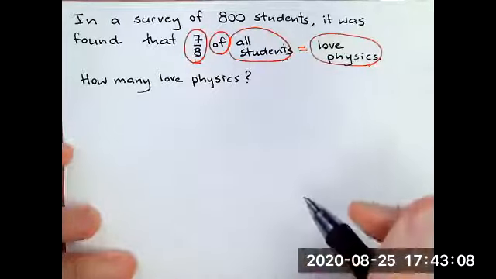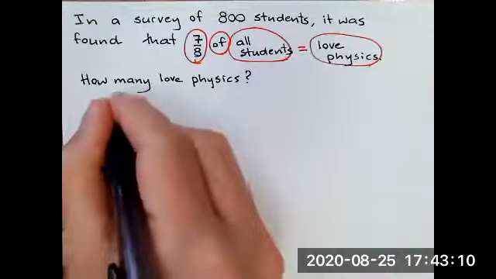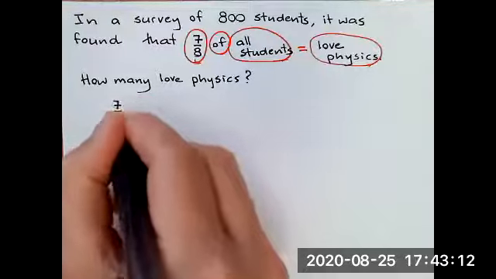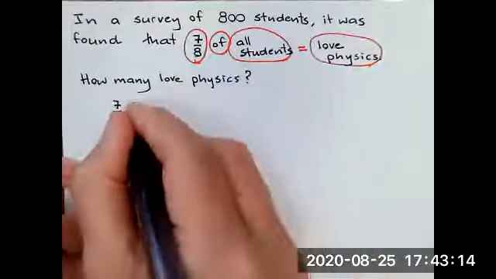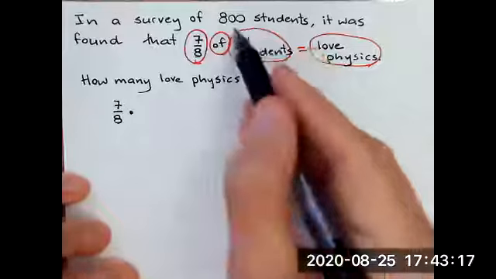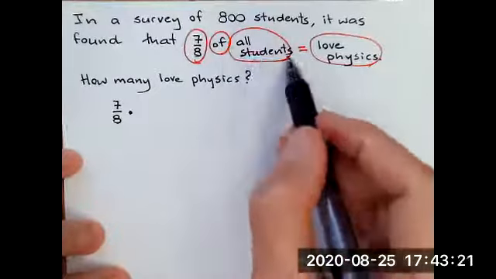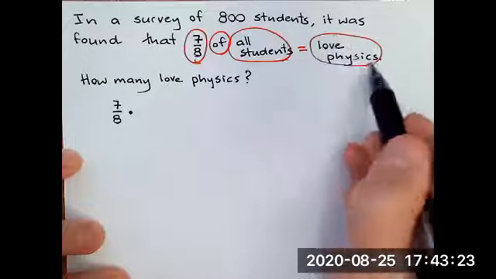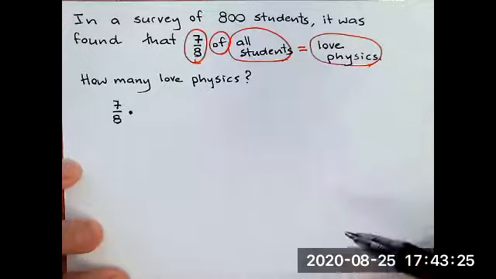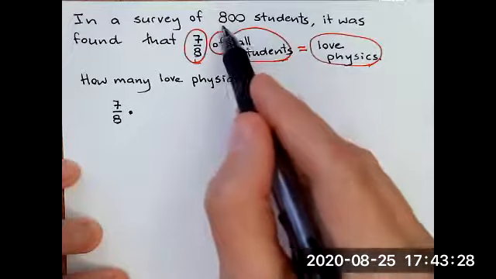Let's translate that into an equation. So 7/8 of means times. And then you have to ask yourself, is this 800 all of the students, or is that the number who love physics? That's right.